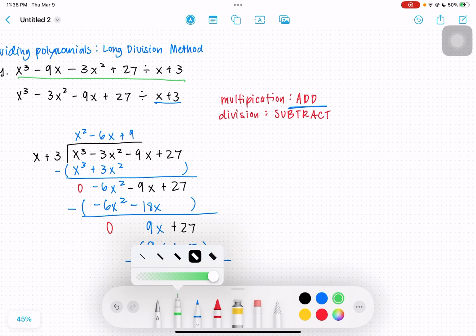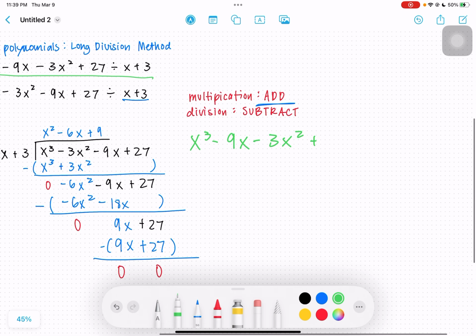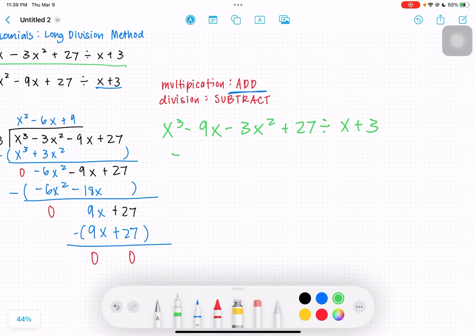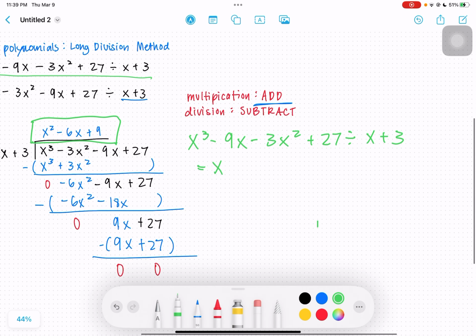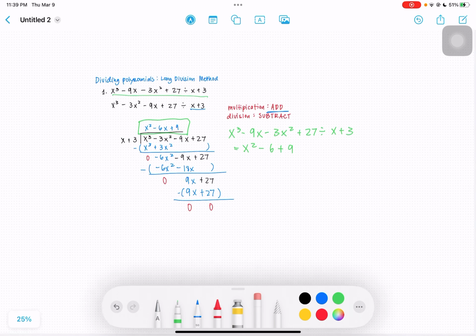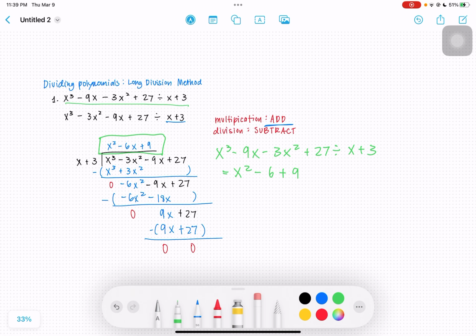So x cubed minus 3x squared minus 9x plus 27, divided by x plus 3, is equal to x squared minus 6x plus 9. It's just like that. That's the answer. Okay, let's try another one.